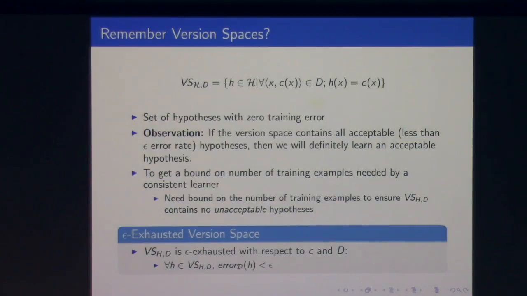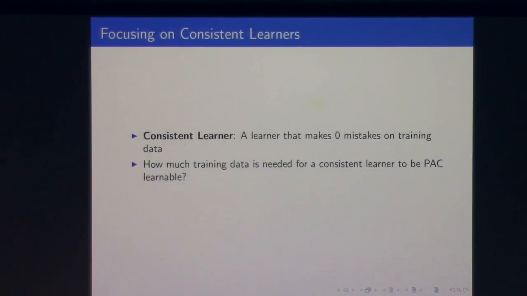It is all hypotheses which make zero error on training data, but there is no guarantee on how many errors they will make on the test data, right? So if every hypothesis inside the version space makes less than epsilon error on test data, then we call that version space epsilon exhausted. Why is that important?